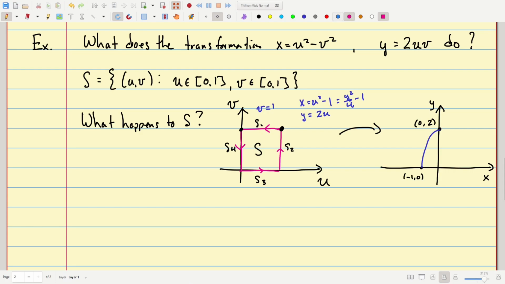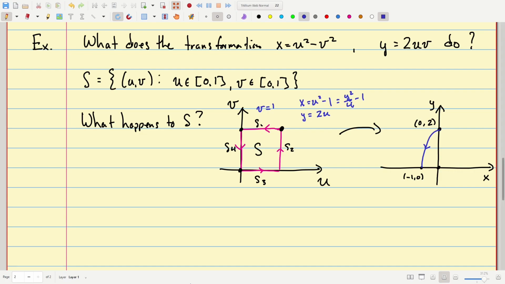Okay. For this one, we're going this way. Then we choose the point 0, 0 here to see what it is we're doing. 0, 0 maps to 0, 0.